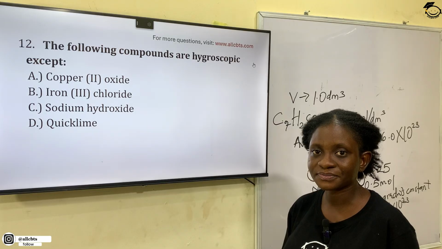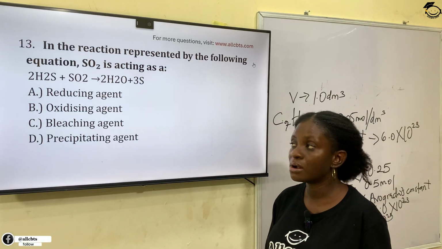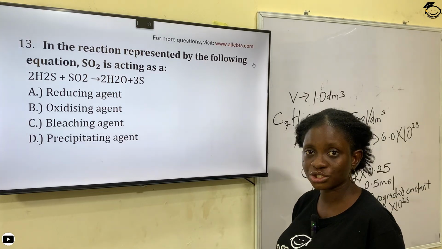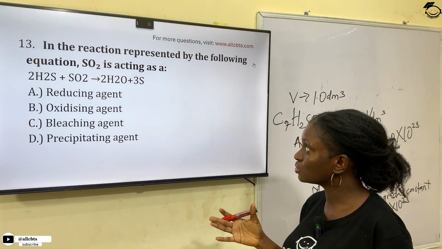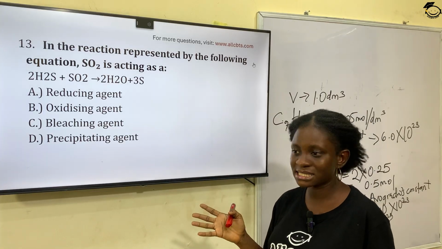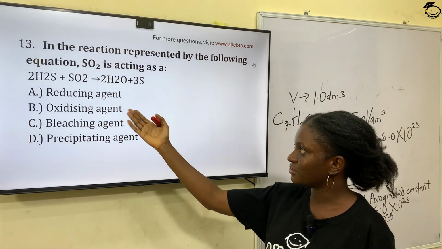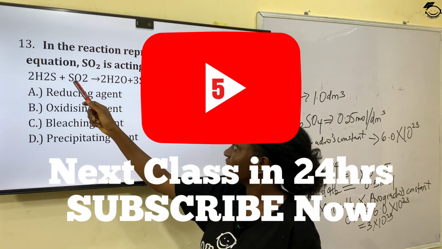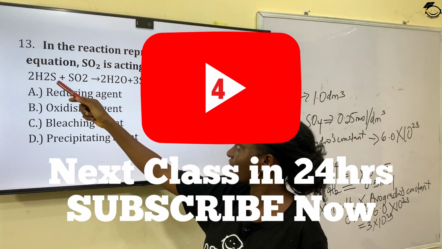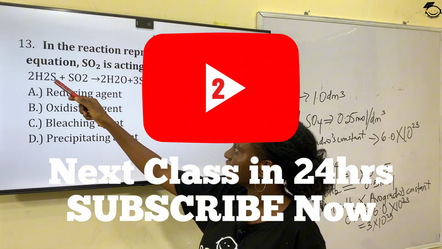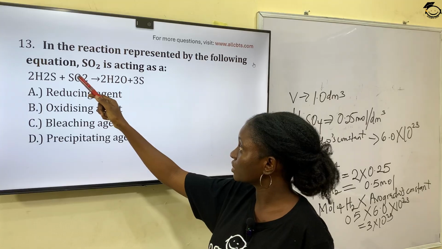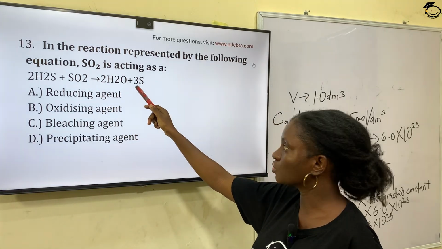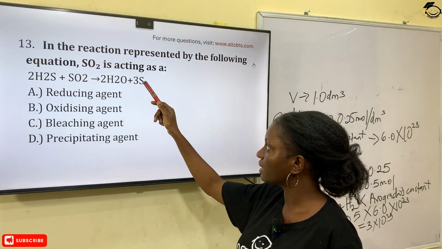Question 13. In the reaction represented by the following equation, SO2 is acting as, looking at this reaction, the sulfur in SO2 is reduced to sulfur at this side.